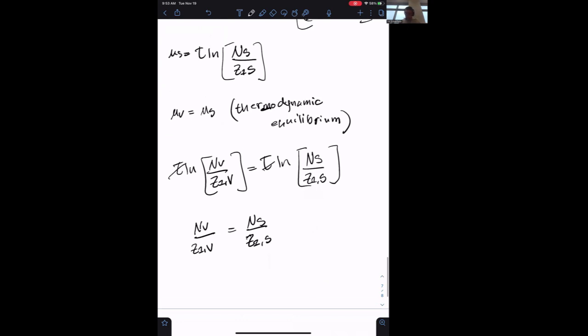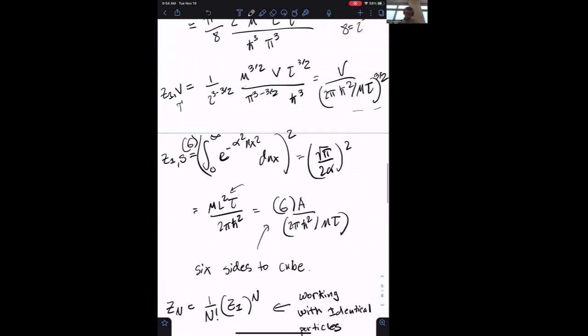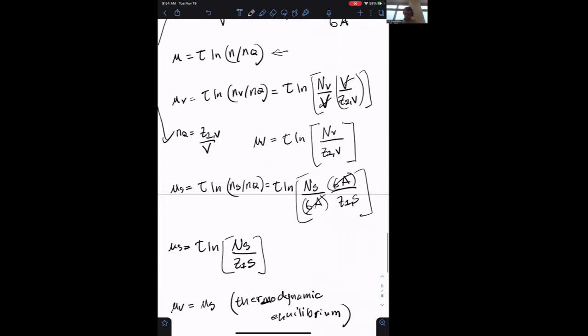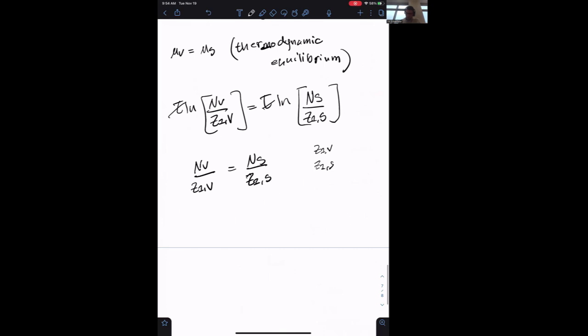Now we need to plug in the single particle partition functions again, which we solved for earlier. I'm going to quickly rearrange this so that we have the partition functions in the numerator, not the denominator.